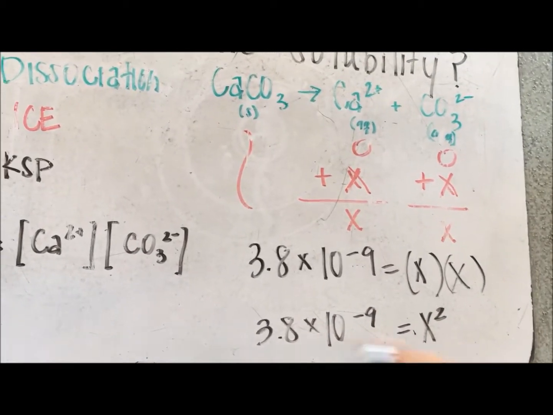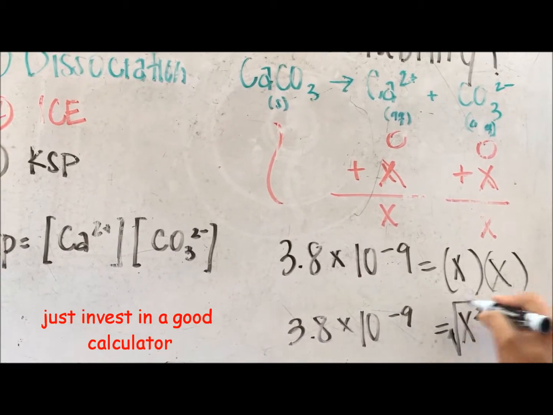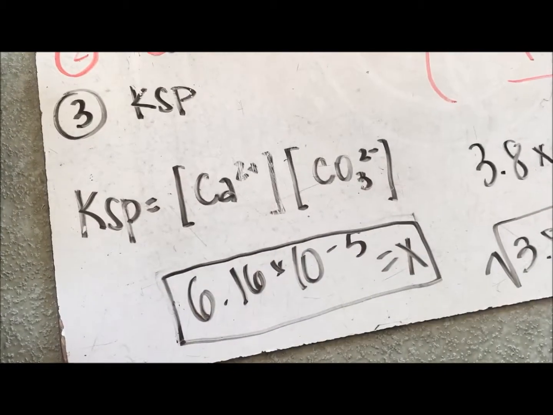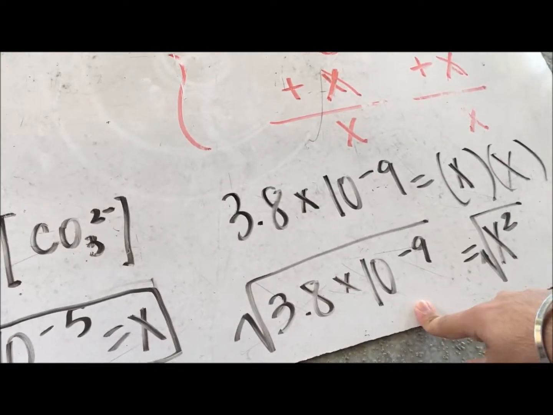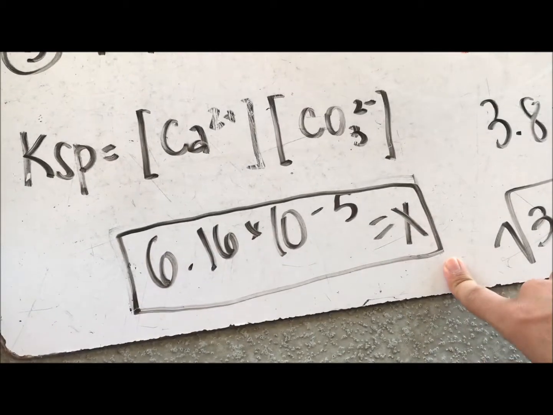So the solubility of this would be basically what x is. So you take the square root to cancel out the square. x equals, after we square root 3.8 times 10 to the minus 9, we get 6.16 times 10 to the minus 5 equals x.